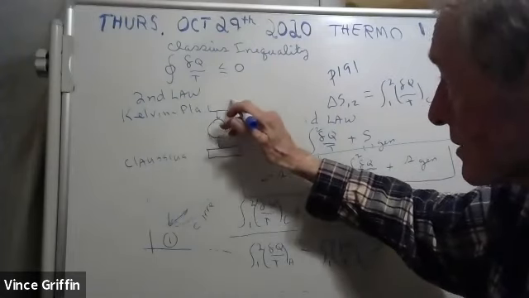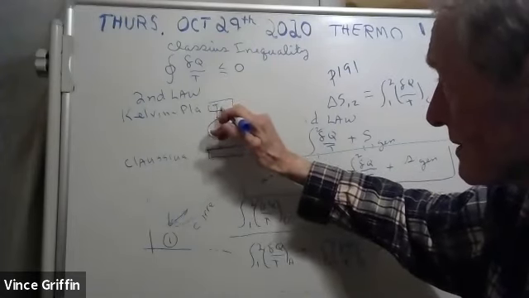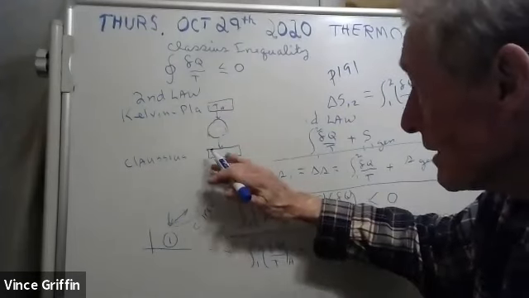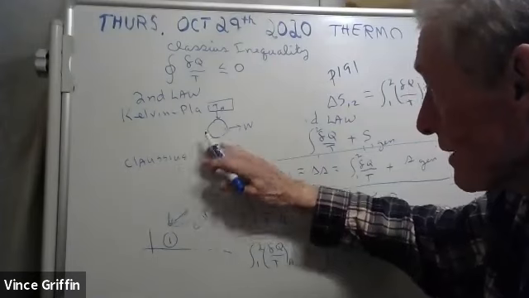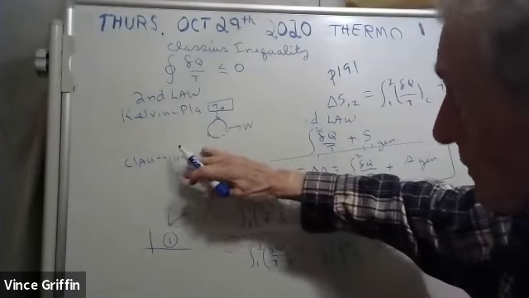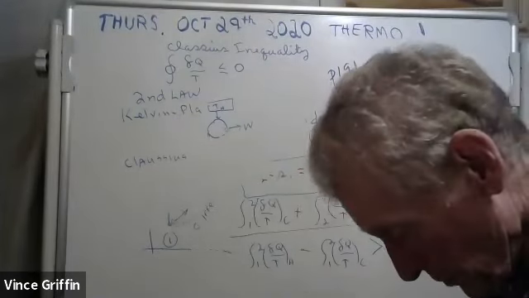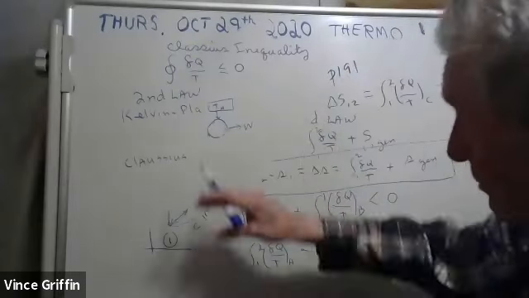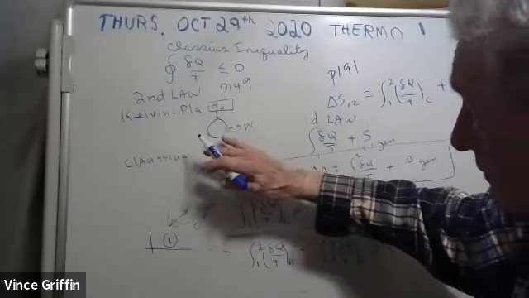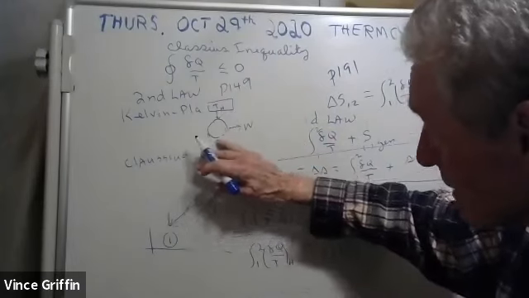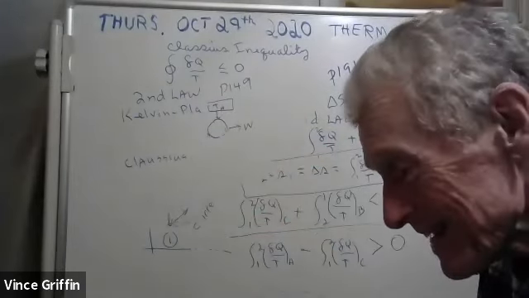Here's the high temperature, and you're getting work here, but you don't have any waste heat. It's impossible. I'm reading it for you, on page 149. It's impossible to have a heat engine with no heat sink.